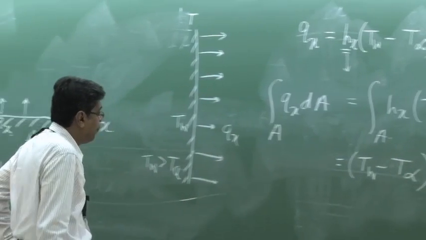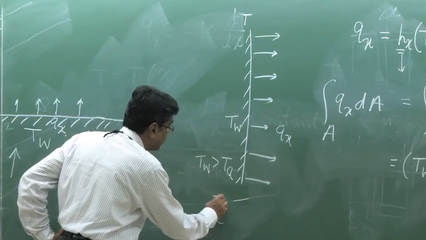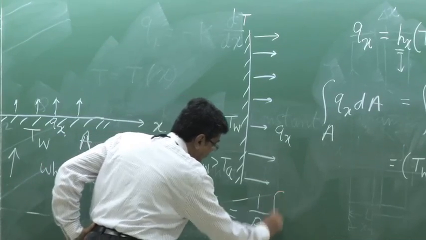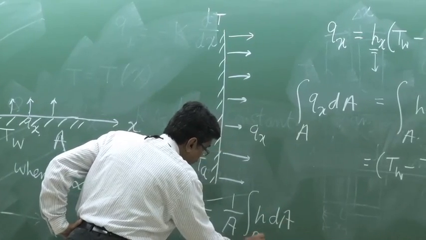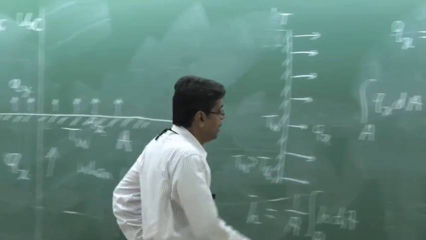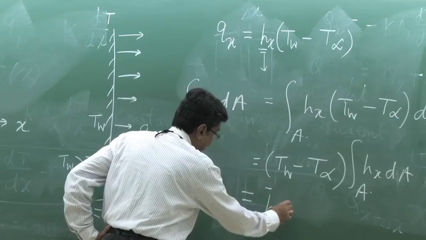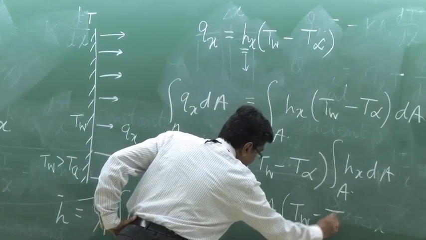Now if I define an average heat transfer coefficient over an area A as the area weighted average, then this can be written as H bar A into (Tw minus T infinity).